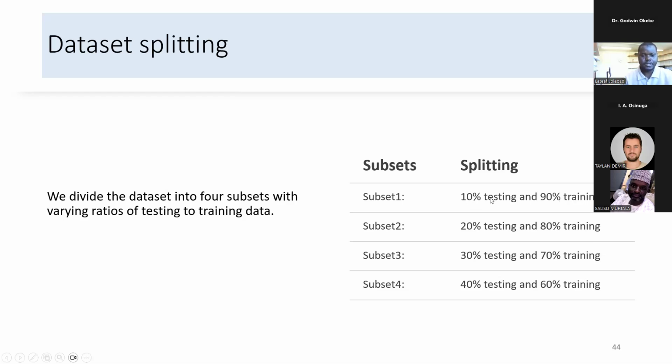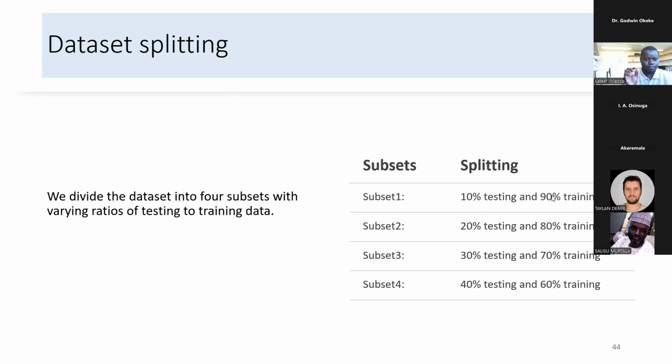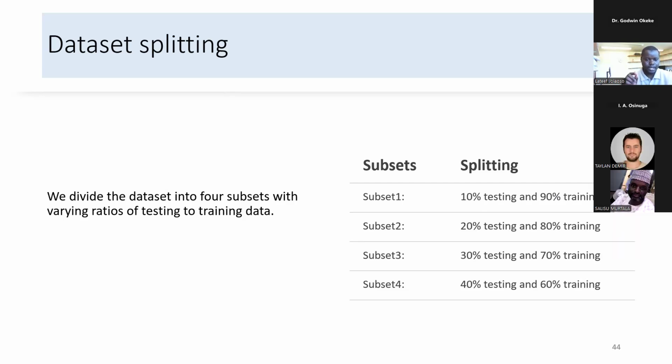I split it 90 to 10: 90% is the training data set and 10% is the testing data set. So when we train on 90%, we test on 10% and see if our algorithm can predict if a banknote is counterfeit or authentic.